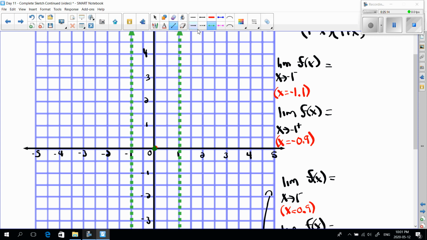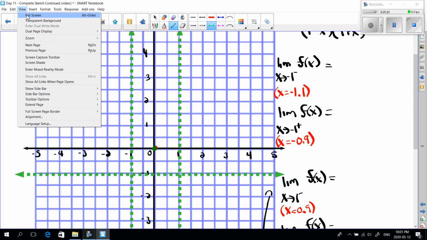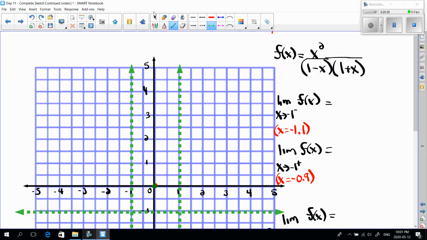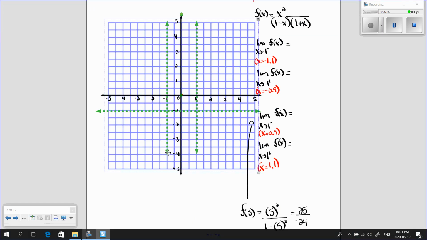Where's my line gone? There it is. Okay, so there's my asymptotes. I'll make this full screen and stretch those vertical asymptotes out a little longer. Just a sec. And the same with this.